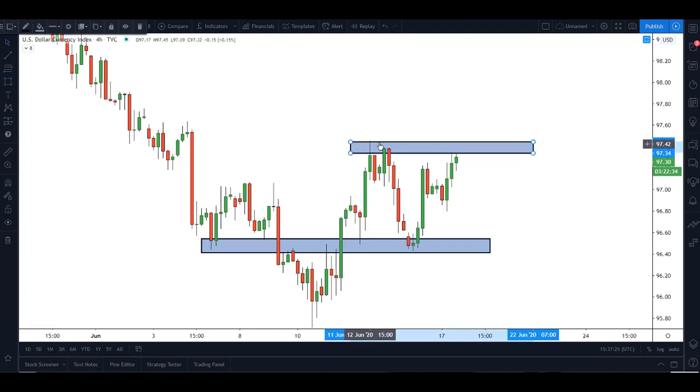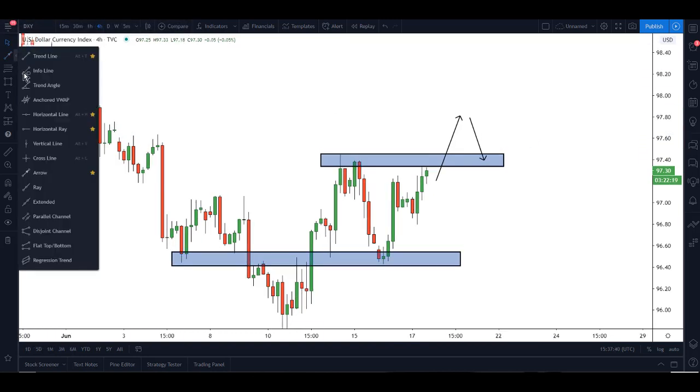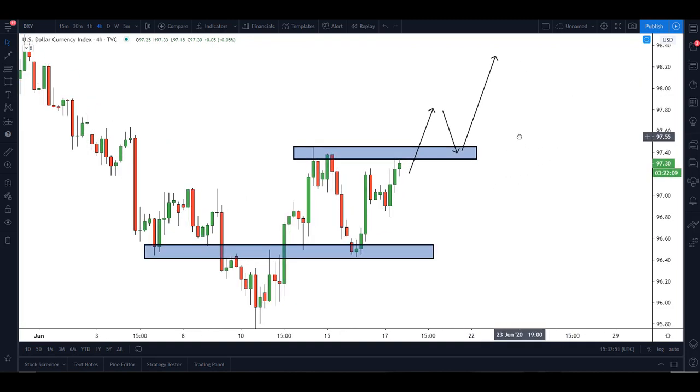So there was our high there, look. You want to be watching for price to break through this high, close above it, and then you're looking for it to retest, like so. So what we're doing, we're looking for dollar strength, and we're looking to trade that dollar strength against weaker markets.